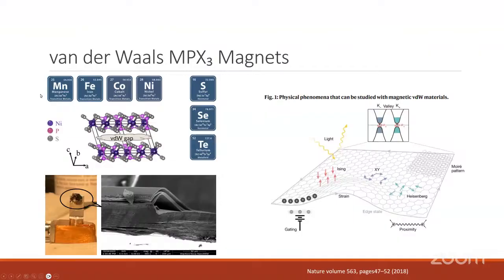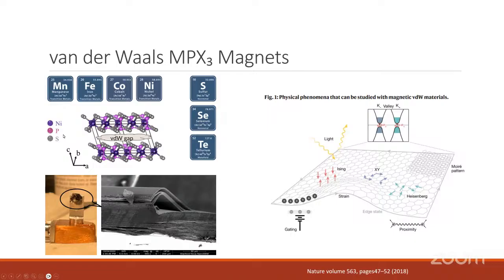So you could make a pure compound, or people could also dope this material with different transition metal ions, and also on the sulfur, selenium, and tellurium sites. This family contains many members, and they all have the same structure. I show a brief lattice structure here.